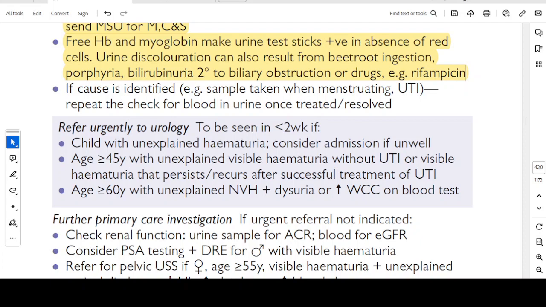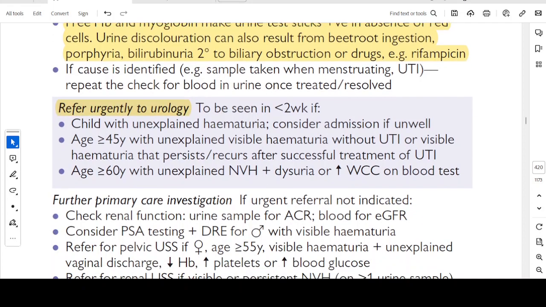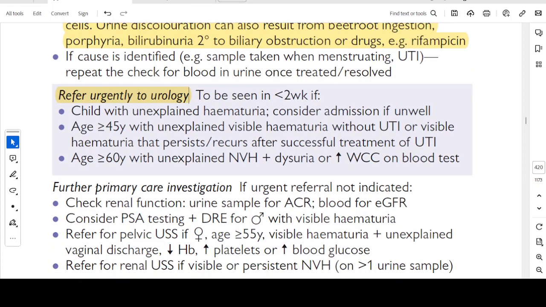Refer urgently to urology. When? To be seen within 2 weeks. A 2 week referral is for suspected cancer. If a child has unexplained hematuria, consider admission if unwell. Age more than 45 years with unexplained visible hematuria without a UTI, or visible hematuria that persists or recurs after successful treatment of UTI.